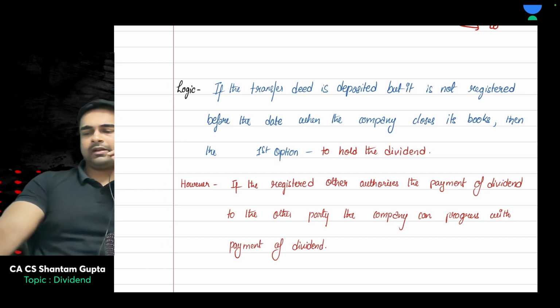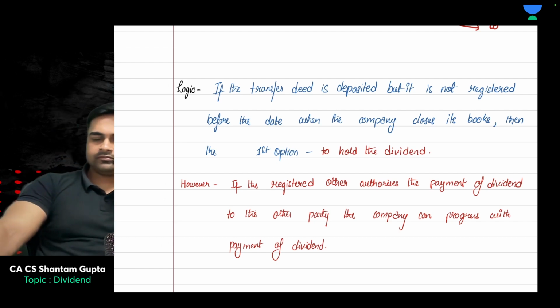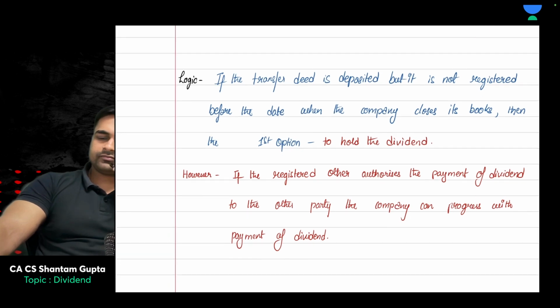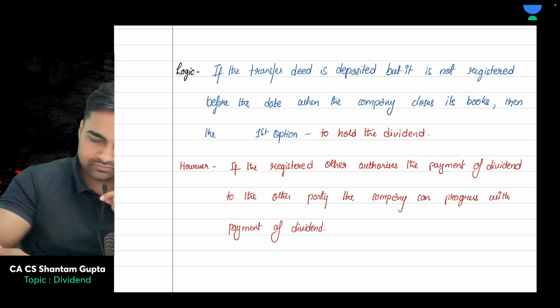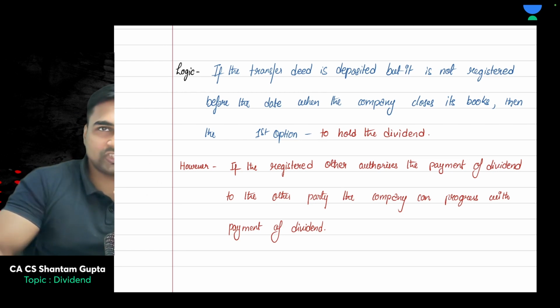The company can progress with payment of dividend. I've written registered other, it won't be registered other, registered holder.